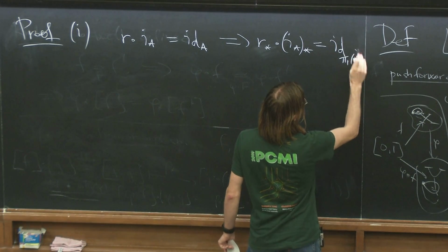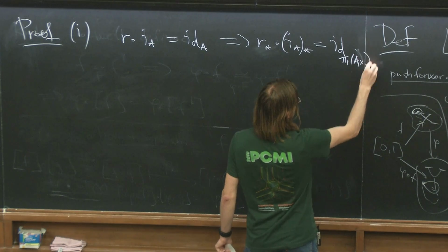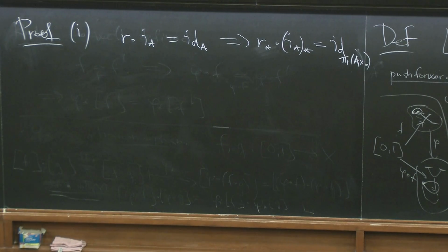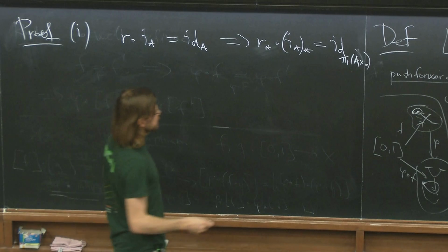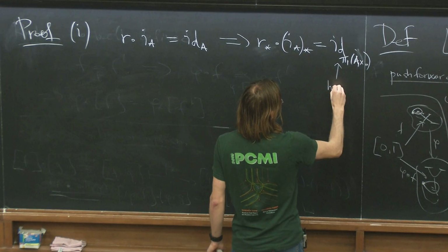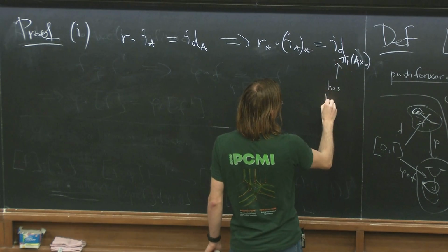Let me keep this point x0 for completeness. And of course, we know that the identity has trivial kernel.